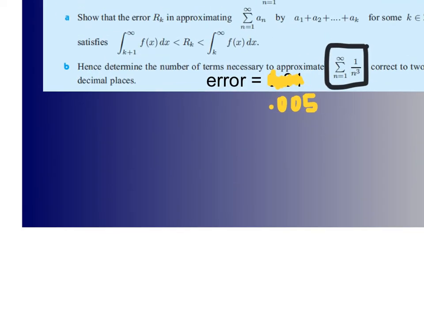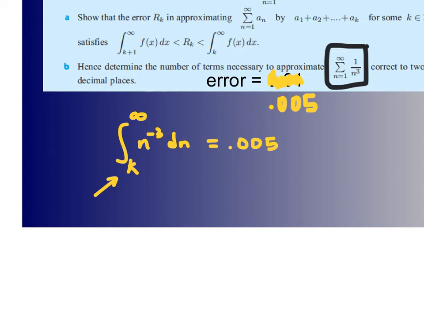So what is that asking me to do? That's asking me to take the integral from some value k to infinity of the function notation of that sequence buried in that series. Tell me the number of terms I've got to go out in order to get an error of that. So let's do a little integration.